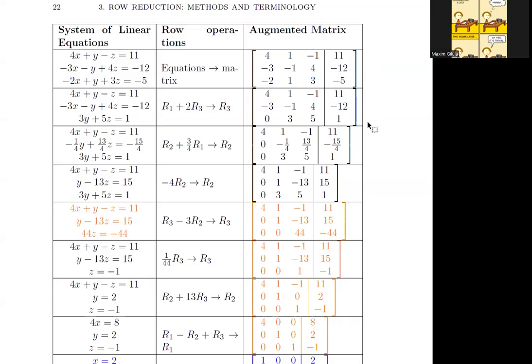So we could start row reducing using the elementary row operations we introduced last time, to get rid of non-zero entries. For example, in the bottom row, we can get rid of this entry, making it 0, by adding 2 times row 3 to row 1: minus 4 plus 4 is 0.